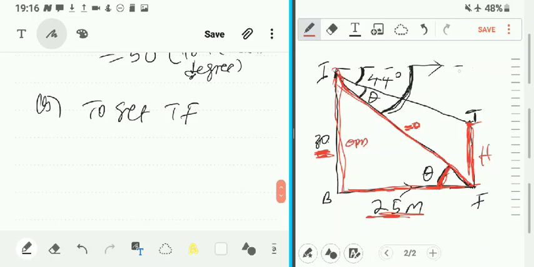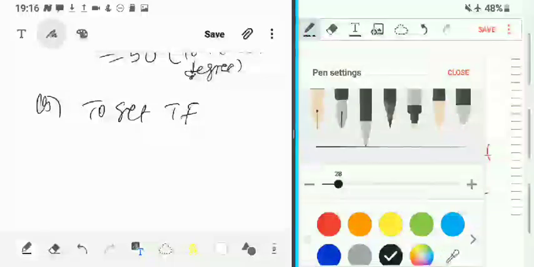let's extend, to make this work easier. Let me use black.